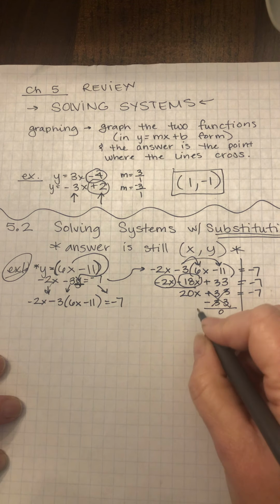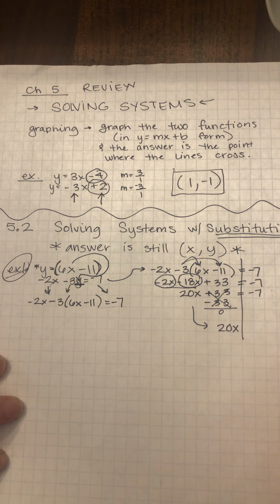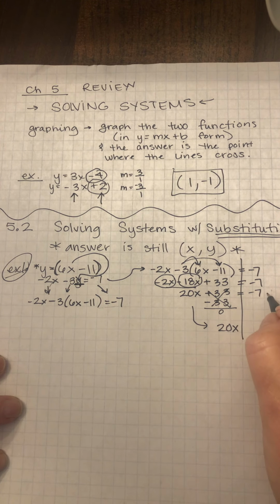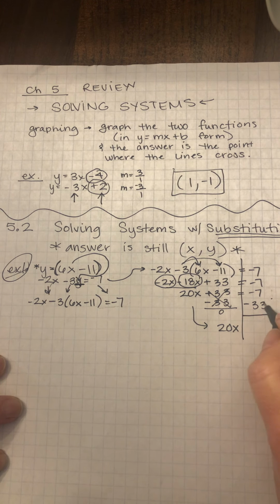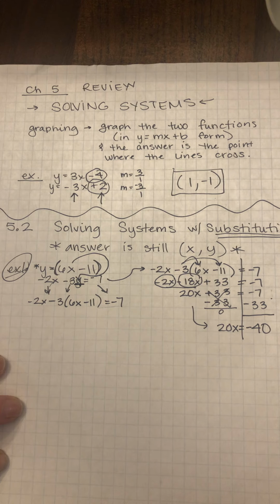That's gone, and I just have a 20x. I remember the twin rule: whatever I do on one side, I have to do to the other. So I now have negative 7 and negative 33. They have the same sign, so we add them. Negative 33 plus negative 7 more gives me negative 40.